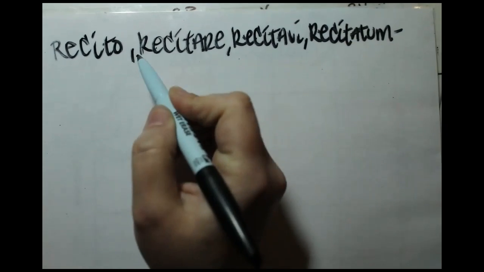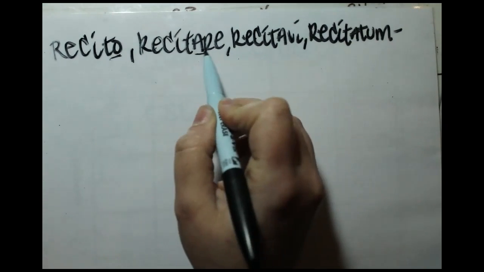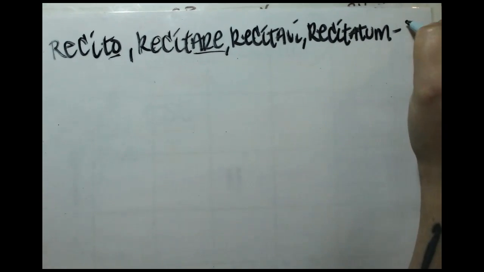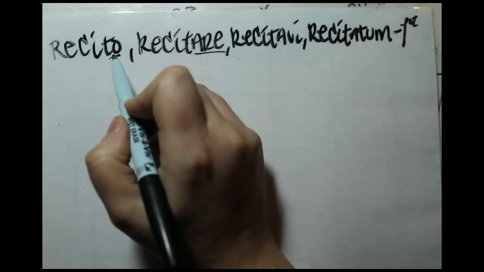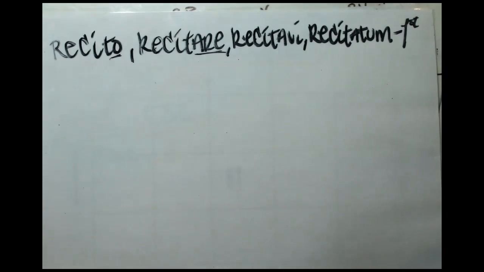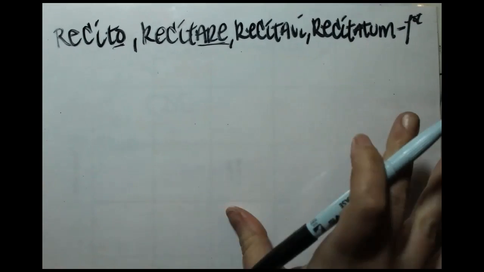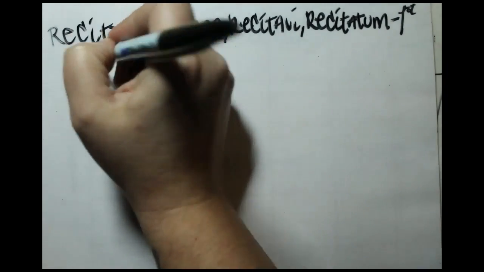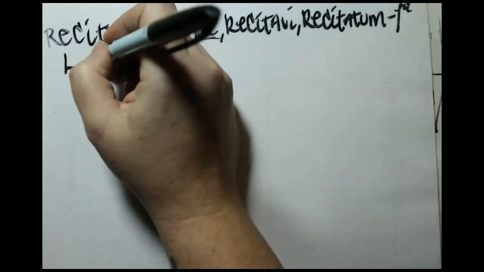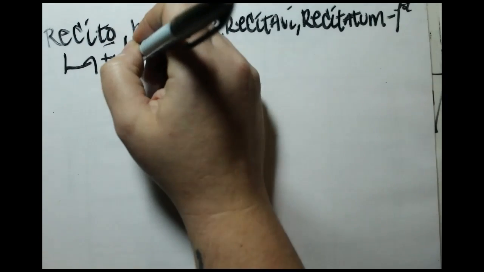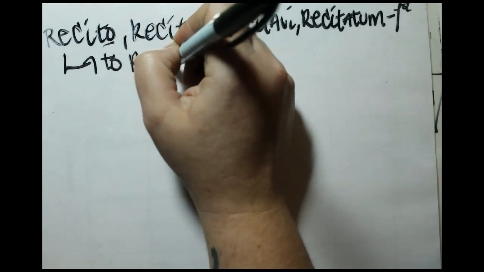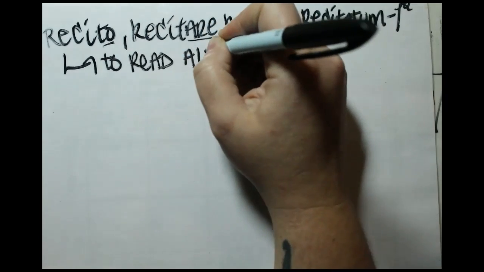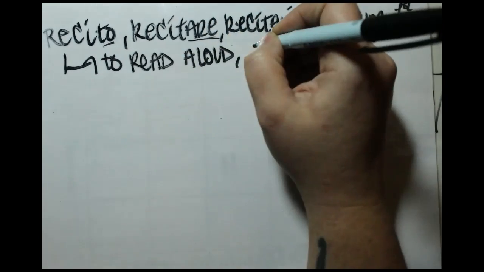Okay, looking at the first principal part and the second principal part, we know that this is a first conjugation. Ending in O and then ending in ARE, that's a first conjugation verb. Okay, this means to read aloud, or to recite.